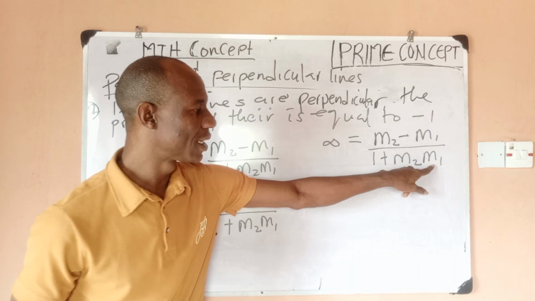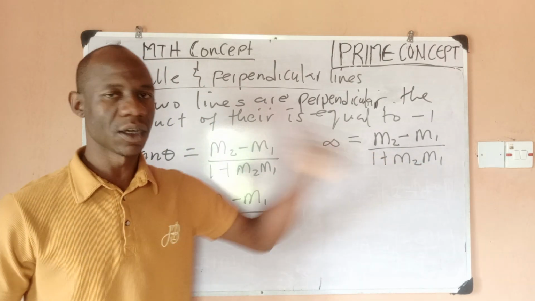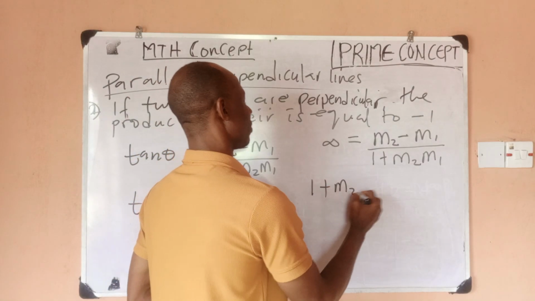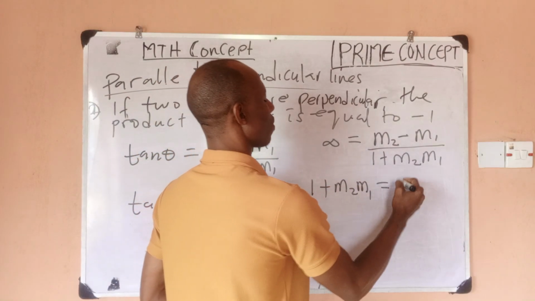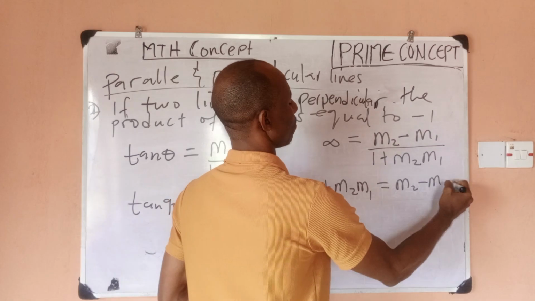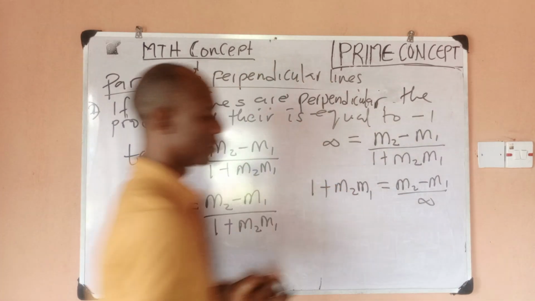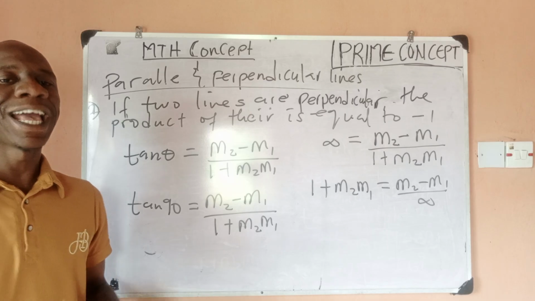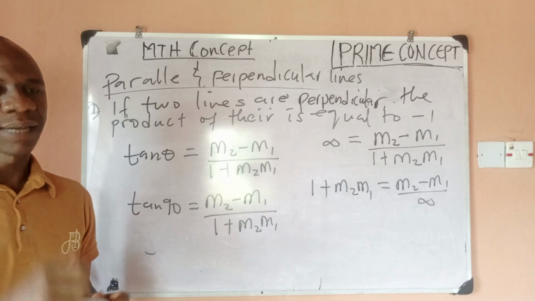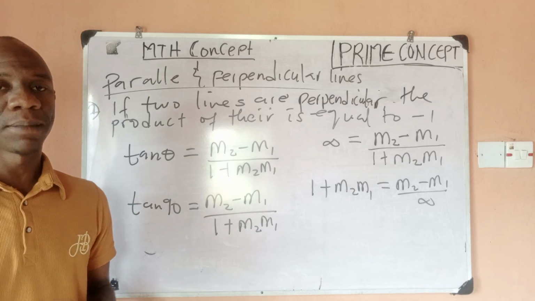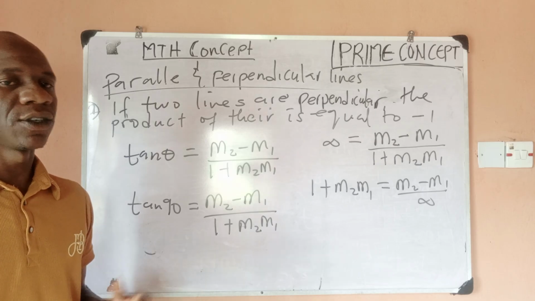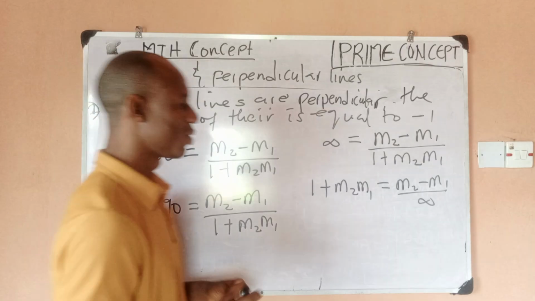So what will I do here? I'm going to simply take this to this side and take infinity under, so that I would have 1 plus m2 m1 equals m2 minus m1 divided by infinity. Now, I taught you in one of my videos that whenever you divide any number by infinity, it's going to give you 0, and I explained the reason why, so I'll be using that.